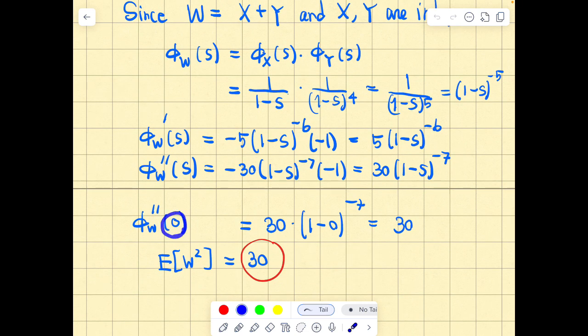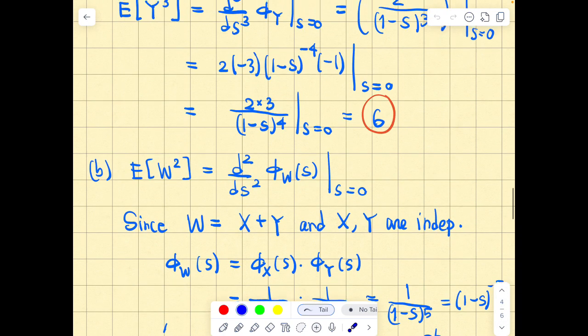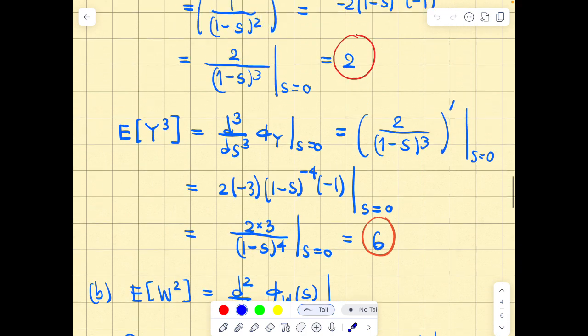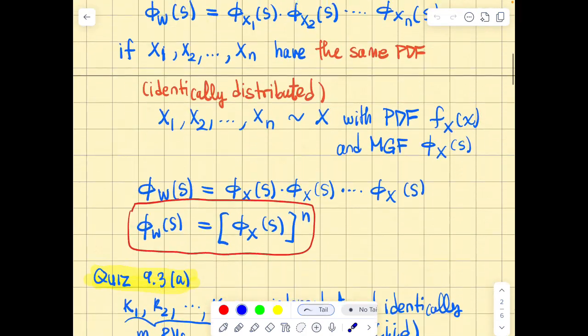Now we plug in 0, and you get 30. That's the second moment. So if we have the MGF available, then finding the moment is just a matter of finding the derivative and plugging in 0.